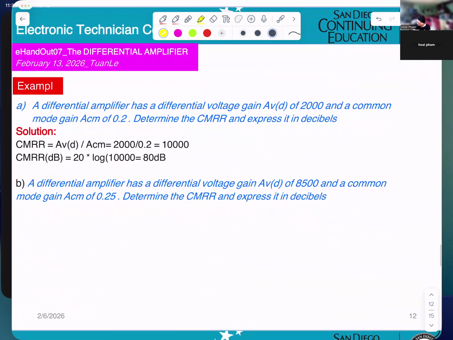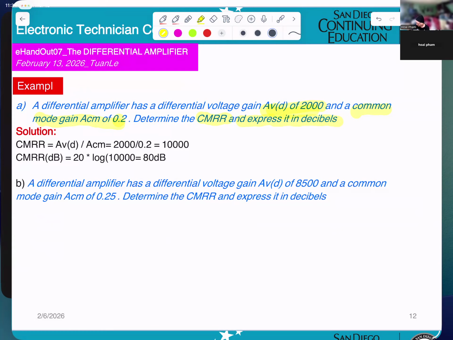Example: a differential amplifier has a differential voltage gain AVD of 2000 and common mode gain ACM of 0.2. Determine CMRR and express it in decibels.